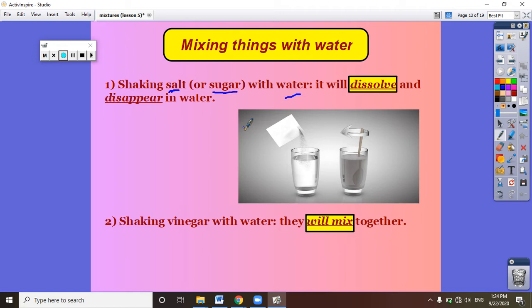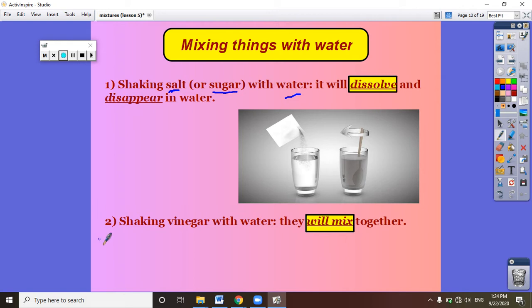We add salt or sugar to water and stir it or shake it. What will happen? The sugar will dissolve in water, and if it is salt, the salt will dissolve in water. What is the meaning of dissolve? Disappear. So if we put some sugar in water and stir it or shake it, the sugar will disappear, and also the salt.